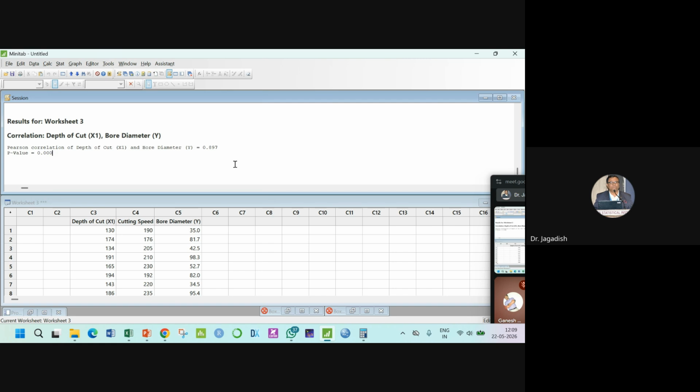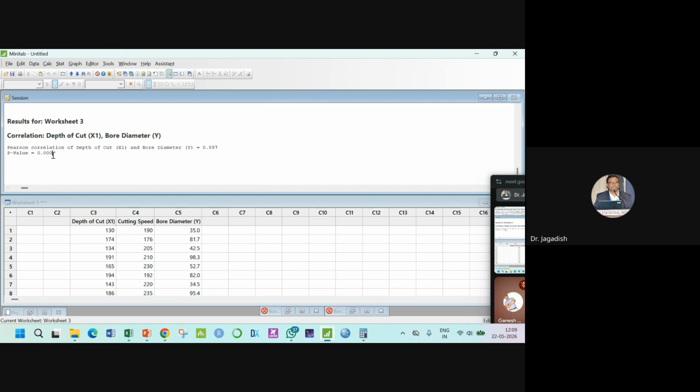That means they have a very positive, approximately strong correlation between depth of cut and bore diameter. That's what we are seeing in the scatter plot also. This value was difficult to get from the scatter plot, but from the correlation analysis, we are able to get the exact value of the degree of the relationship between x1 and y.